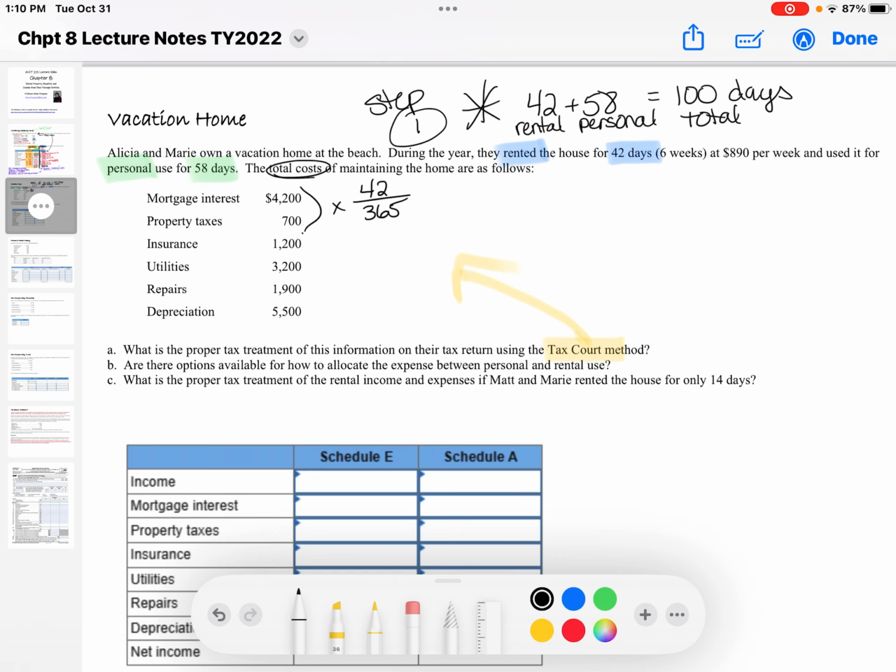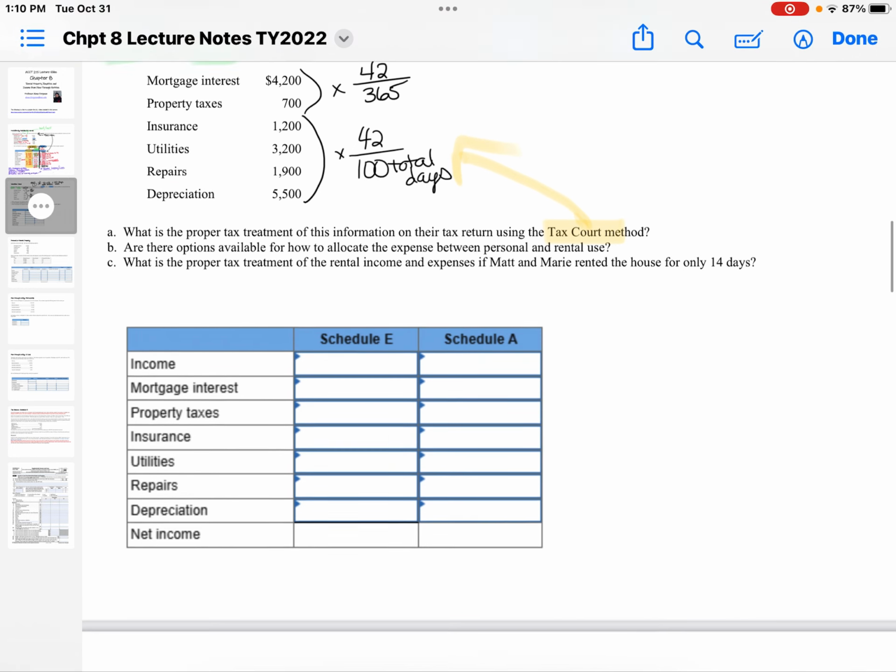The rest of these expenses are going to be the 42 over total days. I'll write that total days there. So again, rental days are my numerator, the top, and the rest of it is determined by whether it's mortgage interest or property taxes, and then the rest. Okay, all right, so let's take a look at what this looks like.